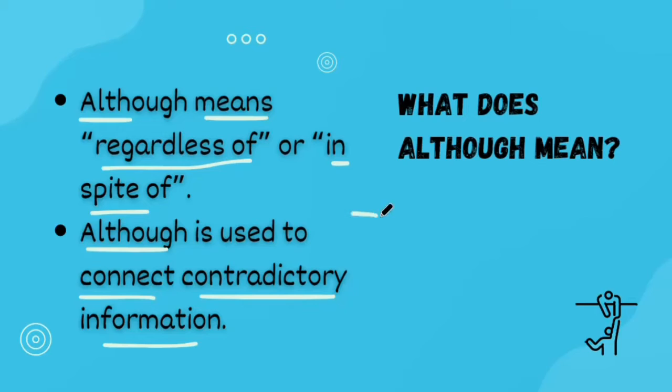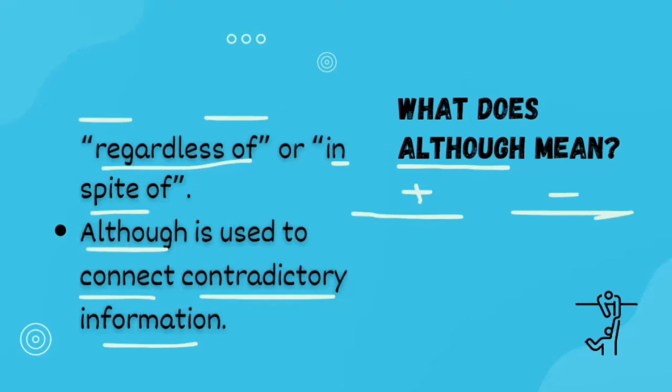Meaning if you have positive information and you are connecting negative information with this, right? If this is the contradictory information, you can use the word although. Although means regardless of. Although means in spite of. To understand this further, here are some examples for you.